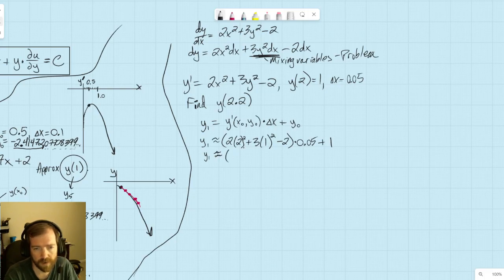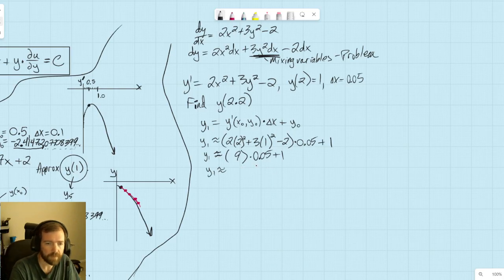So y1 here is going to be, this is 4 times 2 is 8, plus 3 is 11, minus 2 is going to be 9, times 0.05, plus 1. So y sub 1, which is going to be y at 2.05.